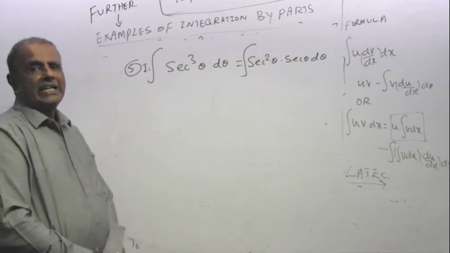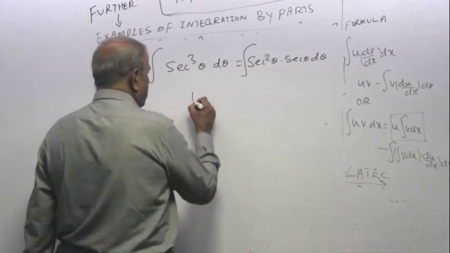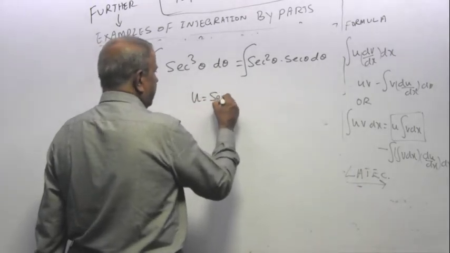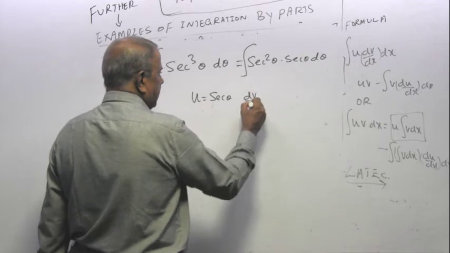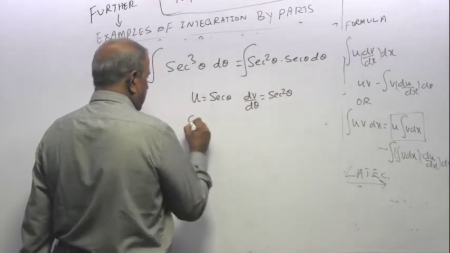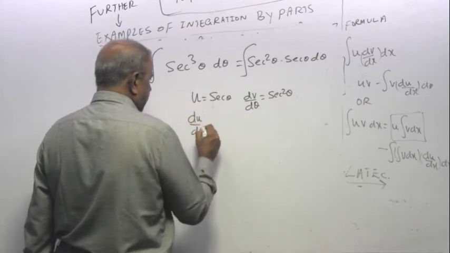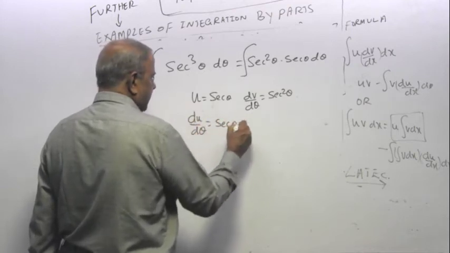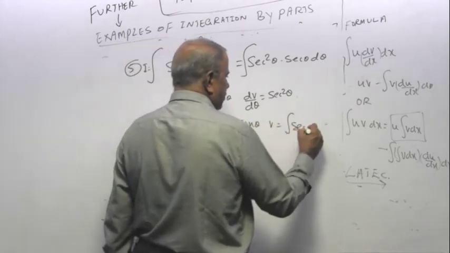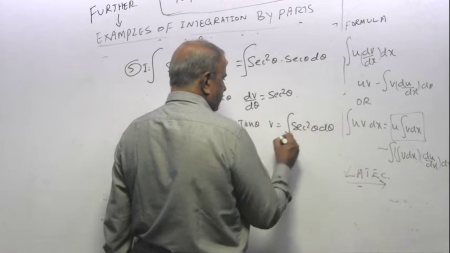So it's better I differentiate. So u equals sec theta, dv by d theta is sec squared theta. So du by d theta is sec theta tan theta, and v is integral sec squared theta d theta, which is tan theta.